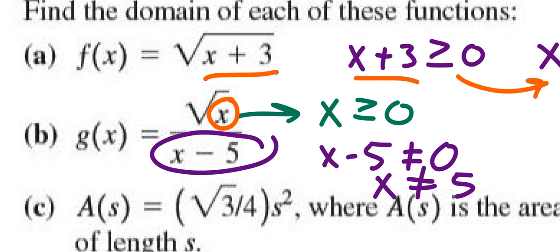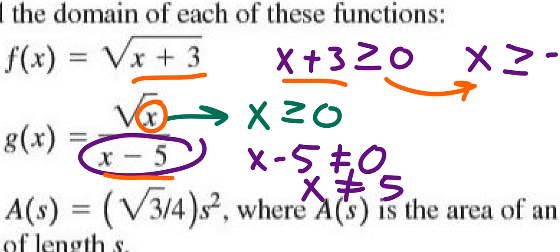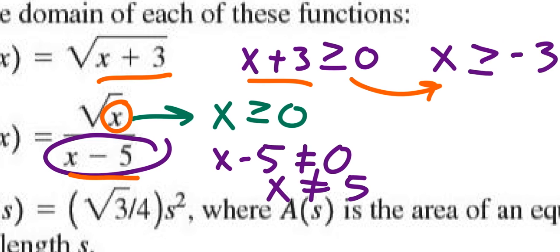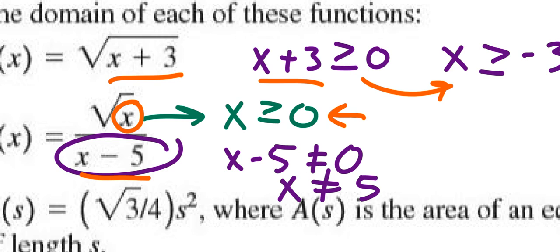We also know that the denominator, which is x minus 5, cannot be equal to 0, which means that x cannot equal 5. In tomorrow's video, we will take these two ideas, both the greater than or equal to 0 and the not equal to 5, and we're going to combine them and make a domain for this function.